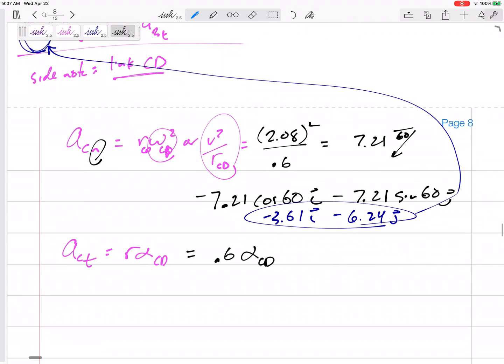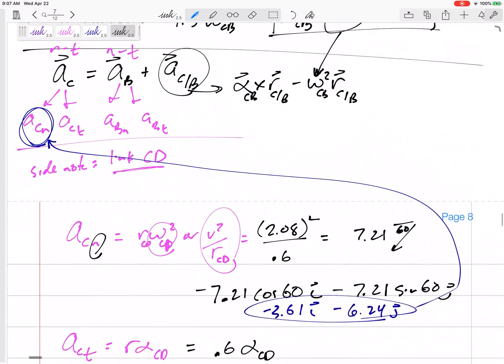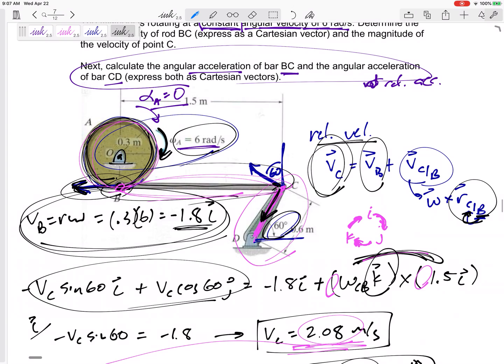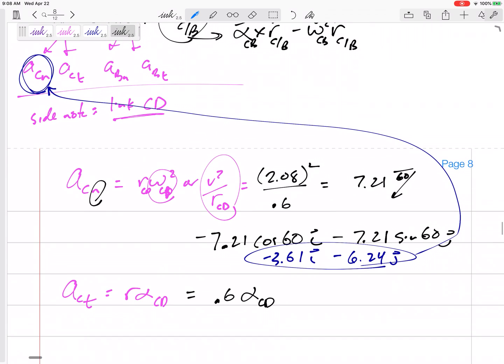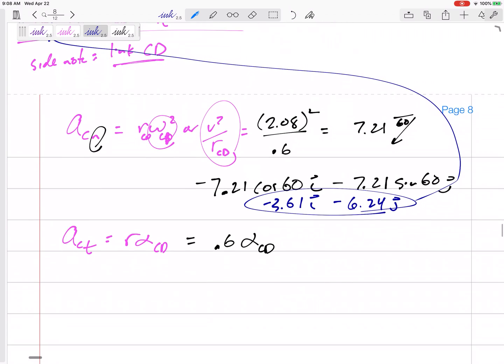And so this one again is not in I, not in J, it's at some angle. If it's going that way, it's going to be at kind of this same angle, this sine 60 in the I, cosine 60 in the J. Also, it's going to be opposite what I just did, because the tangential acceleration is not the same direction as the normal acceleration. It's perpendicular.